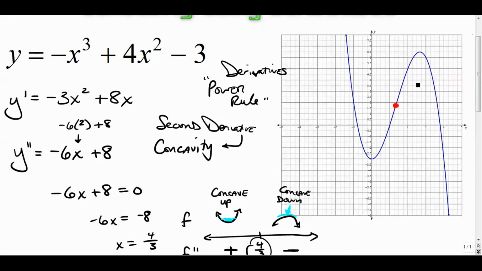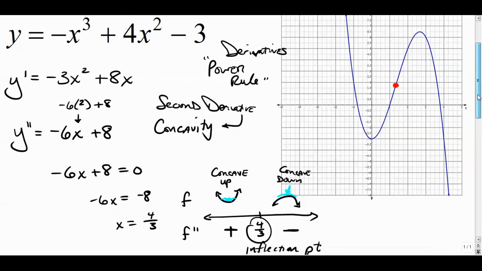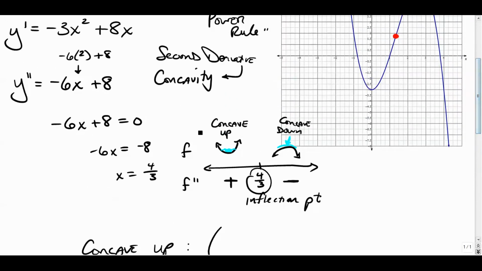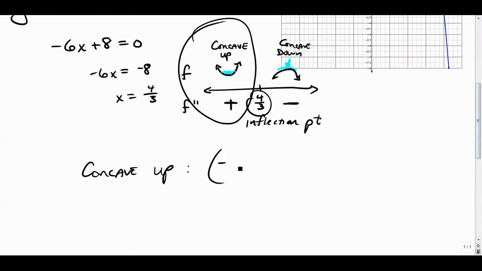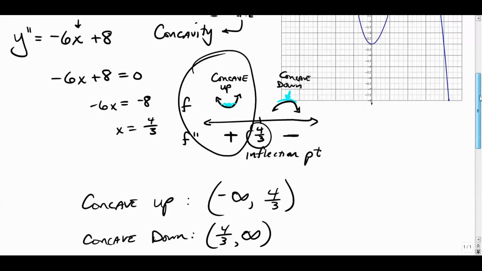So let's write that in a nice interval notation. Concave up was from negative infinity to 4/3, and it switches concavity at 4/3, and it goes concave down from 4/3 to infinity forever.